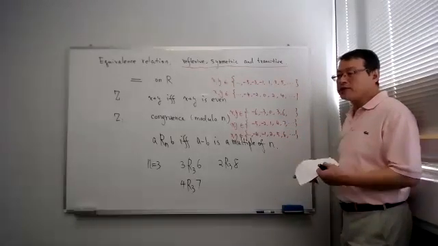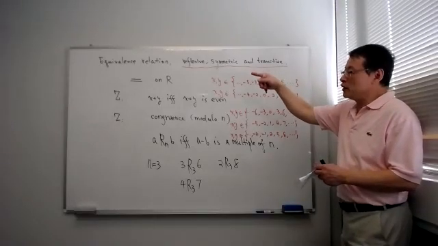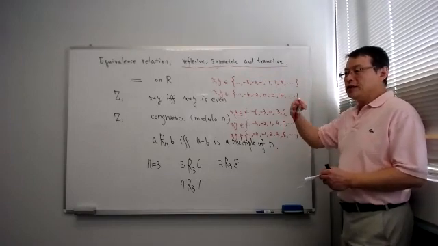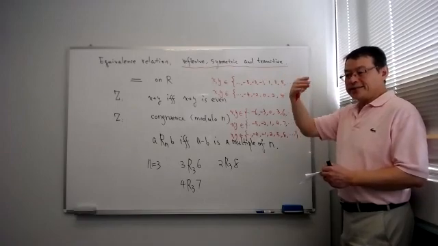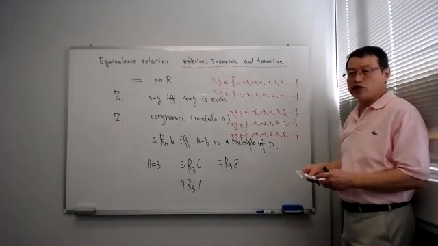So they share common properties. This class of relation enables us to divide a set into disjoint sets, and each set has the same property. So that's the importance of an equivalence relation.